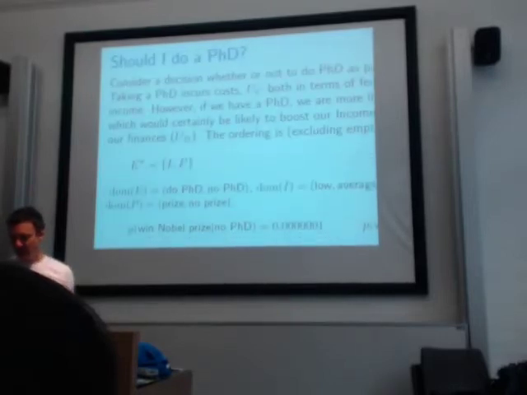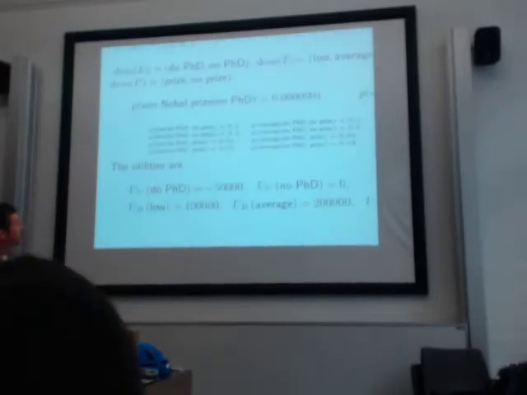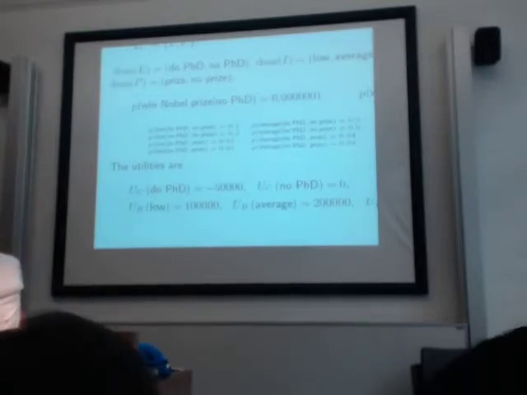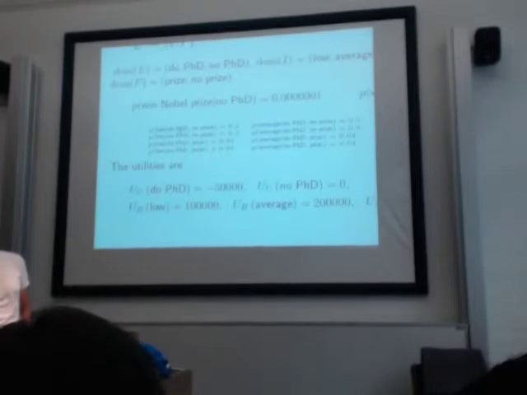So similarly we could say, if I don't win the Nobel Prize and I don't do a PhD, that's the worst of all scenarios. What's the probability you have a low income, no prize, and you do the PhD? The probability you have a low income is fairly low.